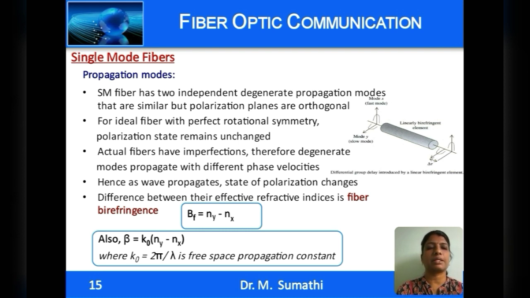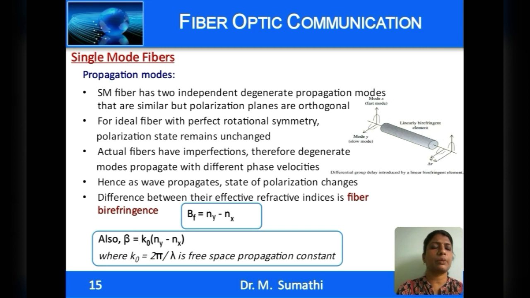Whereas practical fibers have imperfections such as non-circular core, lateral stress, bending and so on. These cause the refractive index along the x and the y direction to be different. Therefore, the two degenerate orthogonal modes propagate with different velocities, and there is a phase difference between the two and the state of polarization changes.